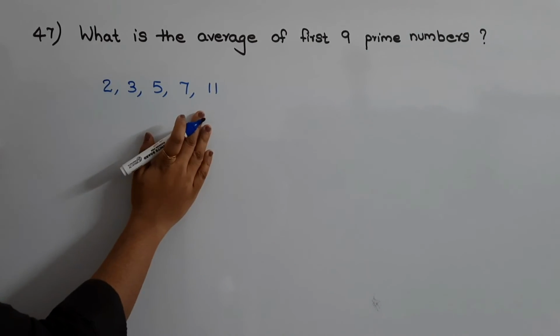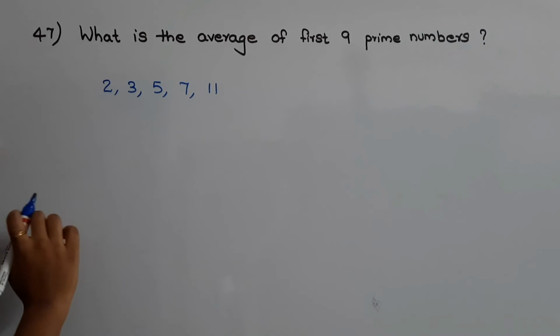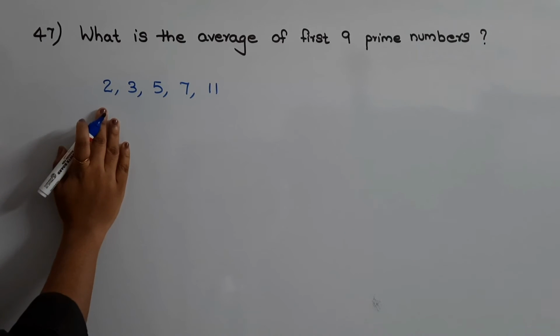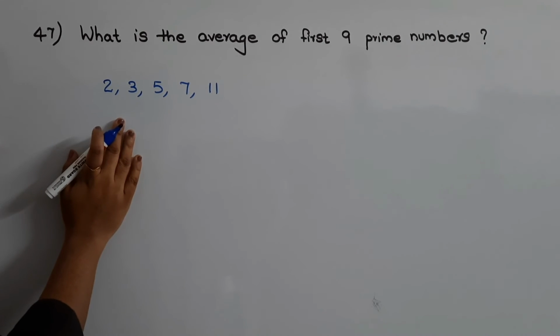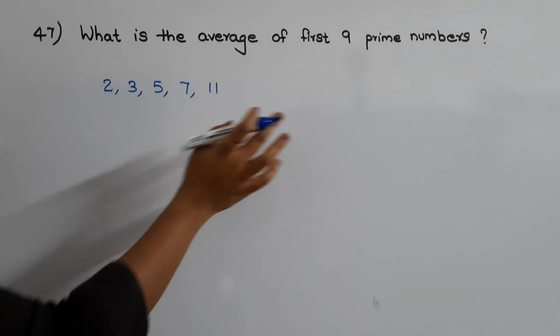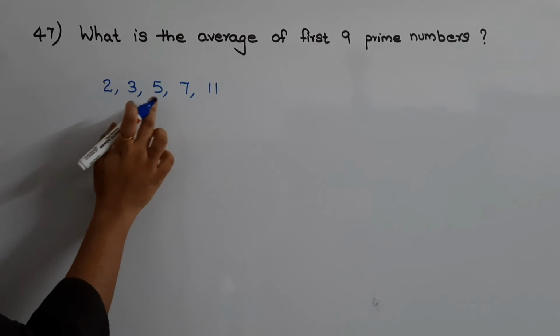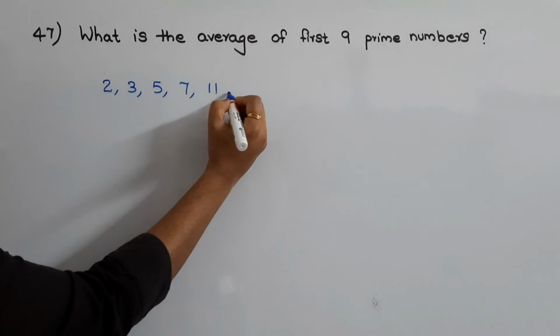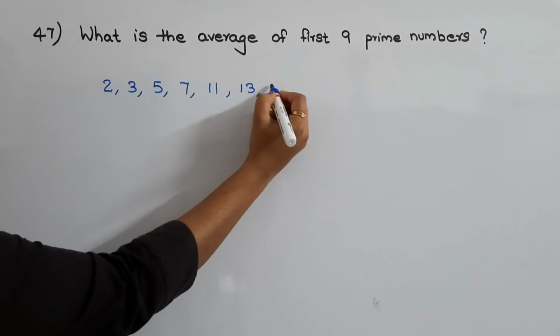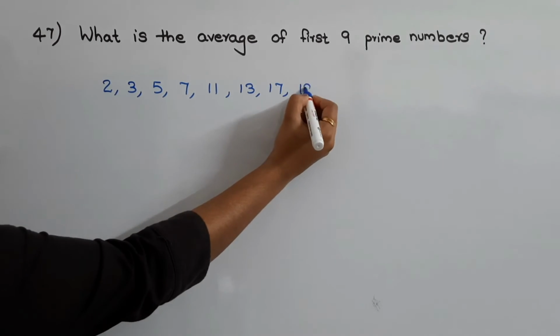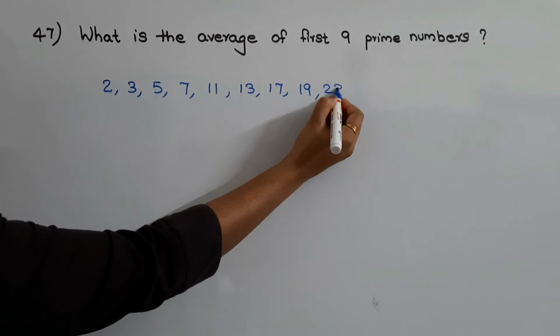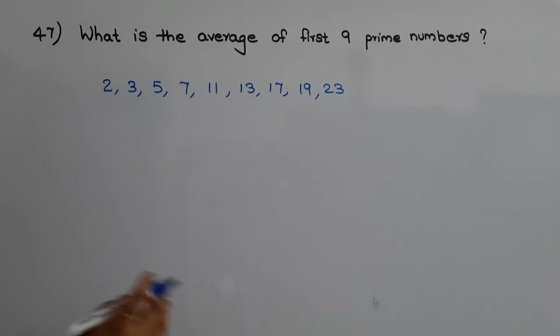These numbers are divisible by only itself. Such numbers are known as prime numbers. So we need to find out the average of first 9 prime numbers. The first 9 prime numbers are 2, 3, 5, 7, 11, 13, 17, 19 and 23.